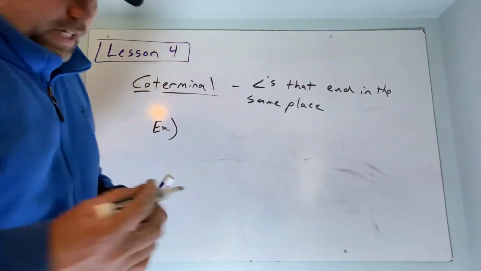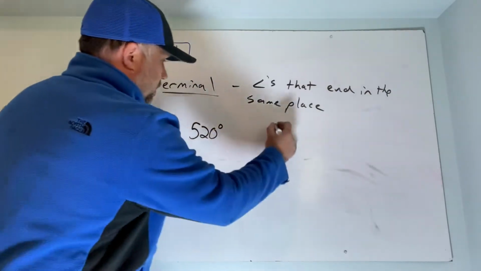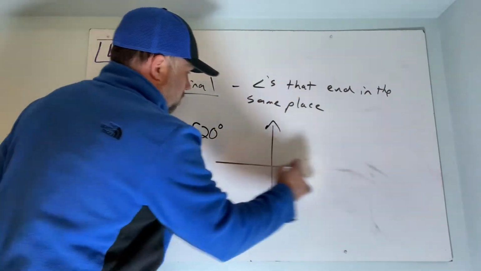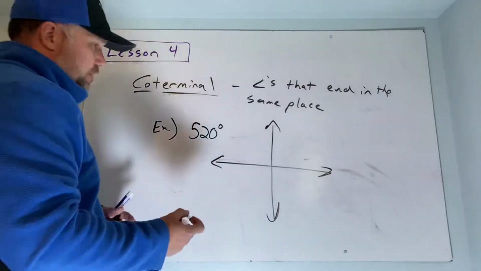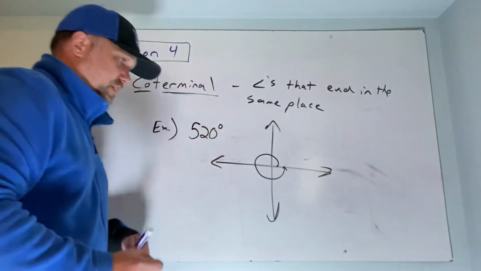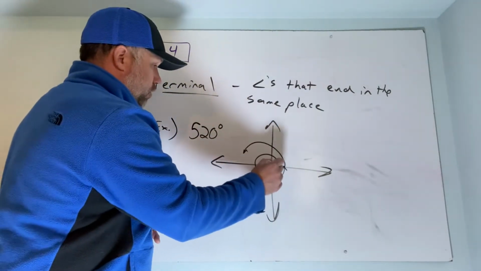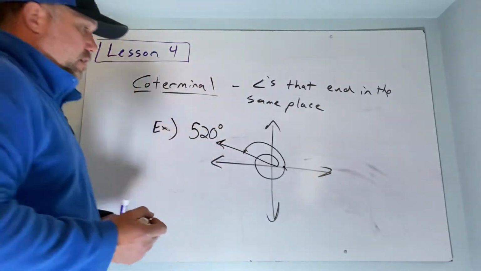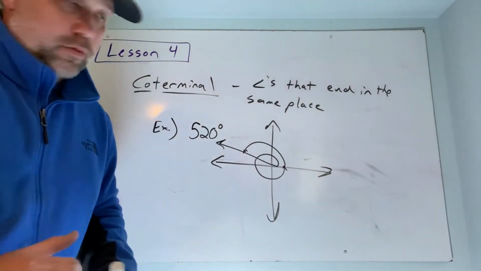If I wanted to find an angle that is coterminal with 520, well, let's think about where 520 is. 520 degrees is one complete trip around, which puts me at 360, plus another 160 more, which puts me right there. There's where 520 is, but what angle is coterminal with 520?